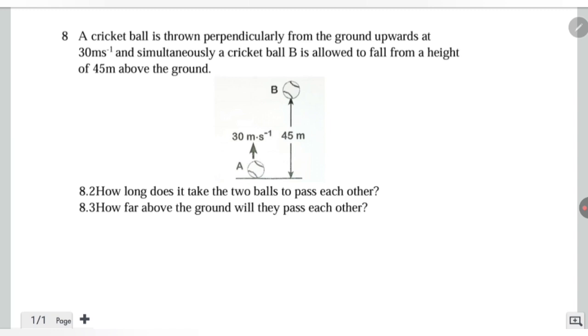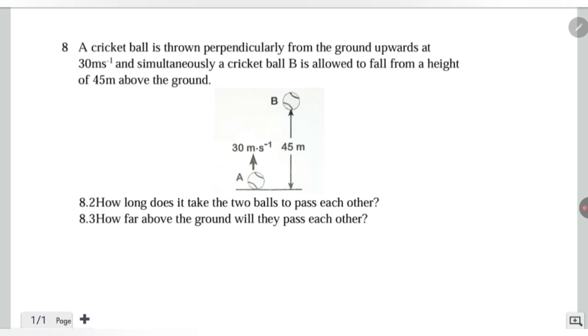When you look at objects A and B, we are taking down as positive. So direction is very important, you know it, right? Now, what data do we have for A? We have the initial velocity, which is minus 30, because I took down as positive.